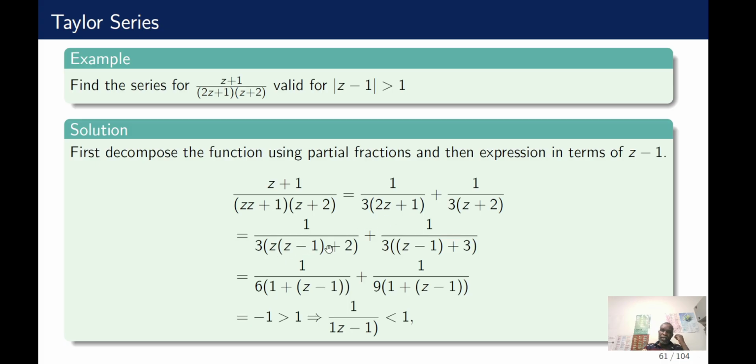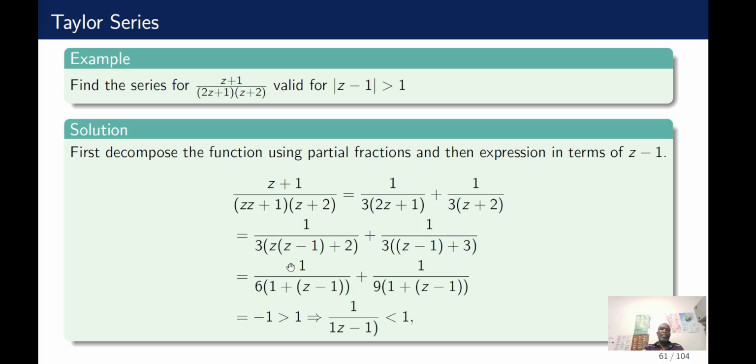For you to get a plus 1, you need to add a 2 here. Then for the other one, if you readjust, you have a z minus 1 here. If you subtract 1, to get 2 you have to add 3.